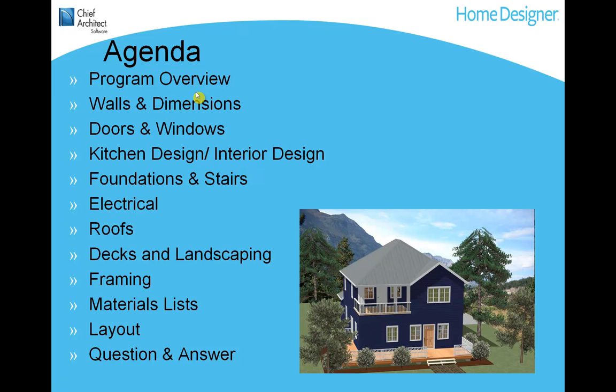We'll start just by looking at the program as a whole. Then we'll draw out some walls, look at our dimensioning tools, then we'll work on our actual design, including kitchen design, electrical, then some more structural aspects like our roofs, and then we'll work on some landscaping, materials, layout, everything you need to complete a set of plans.